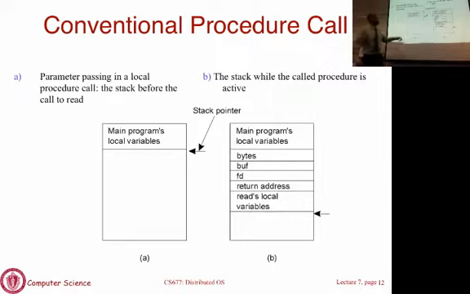This is basically how parameters will be passed. You push them onto the stack, and when the function executes, it takes the data from the stack, processes it, sends a return value, and you pop the stack. So you always push the argument data onto the stack, and you get the return value back from the stack. That's a conventional procedure call.